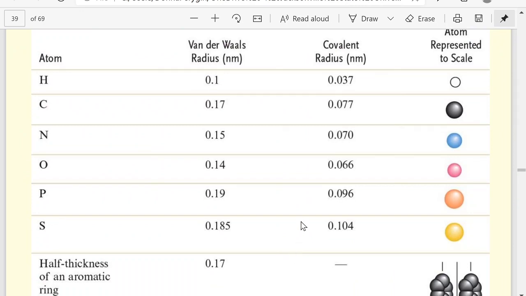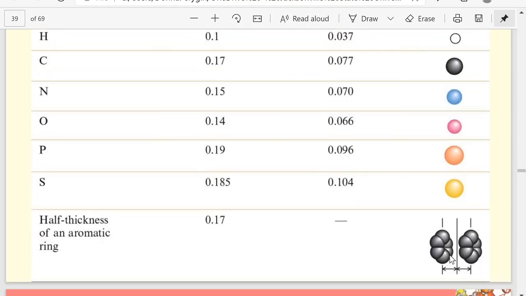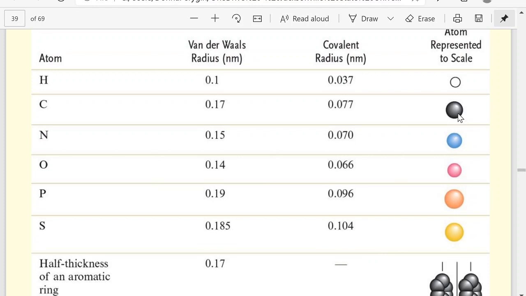So that van der Waals radius for a hydrogen atom is like 0.1 nanometers, carbon is 0.17, nitrogen is 0.15, oxygen 0.14, phosphorus 0.19, sulfur 0.185, and then we have an aromatic ring, the half thickness, because we're talking about the radius here. That means the radius is half the distance between two atoms, and so basically it's the distance of an atom.